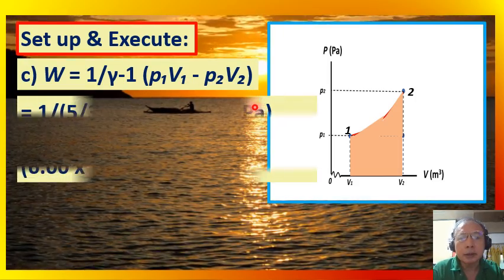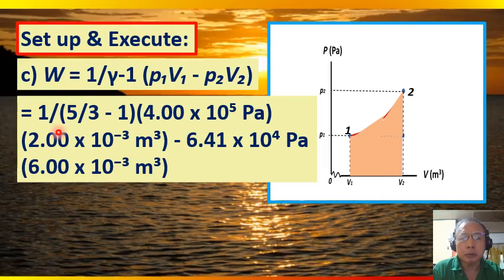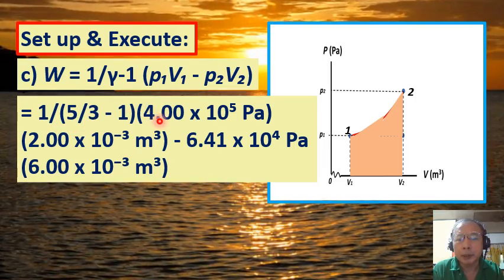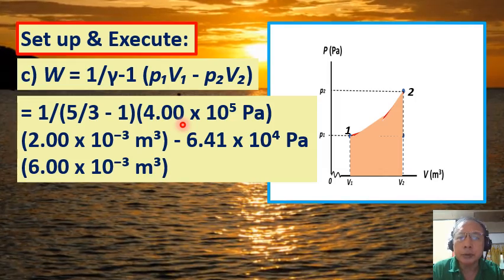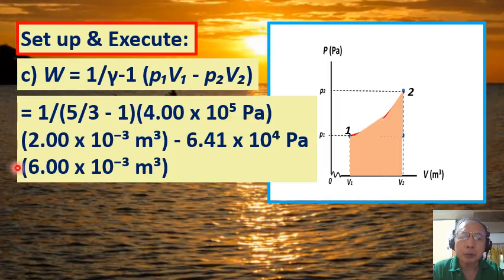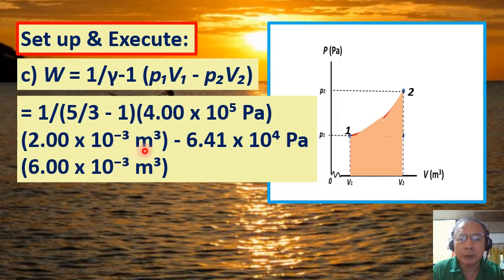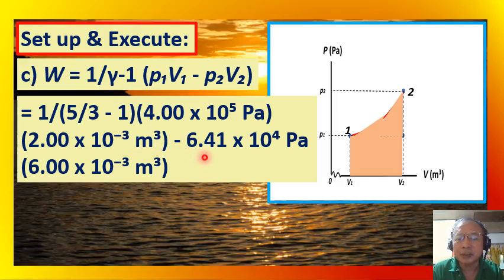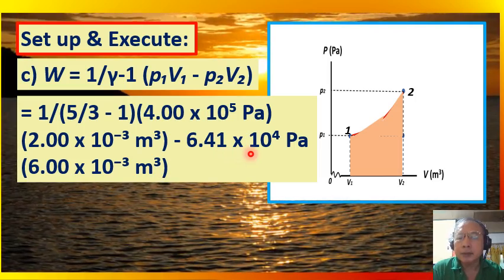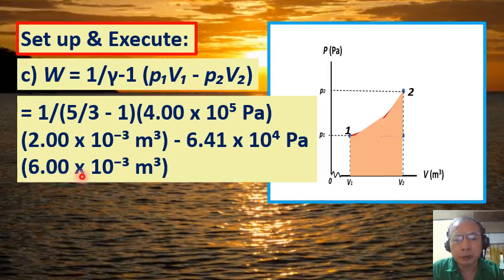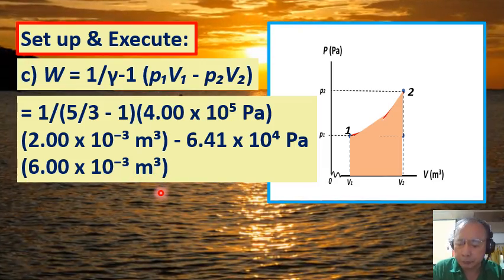That is, the work done is equal to 1 over 5/3 minus 1 multiplied by 4.00 times 10 to the 5th power Pascal times 2.00 times 10 to the negative 3 meter cube, minus the product of P2 V2, or 6.41 times 10 to the 4th power Pascal multiplied by 6.00 times 10 to the negative 3 meter cube.